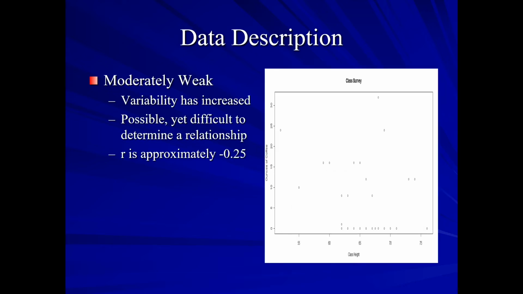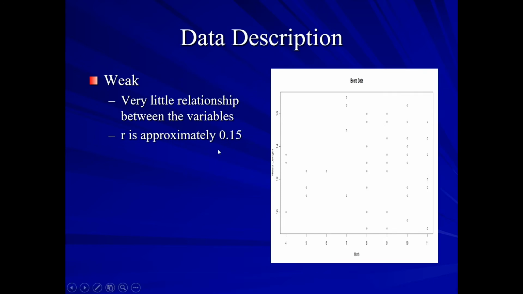Here I've got moderately weak. My correlation is approximately negative 0.25. Well, this tells me that I have a negative direction because I have a negative sign on my correlation. I have negative direction, linear, and moderately weak. Weak. I've got a correlation that is 0.15. This is a positive correlation. Therefore, I have a positive direction.